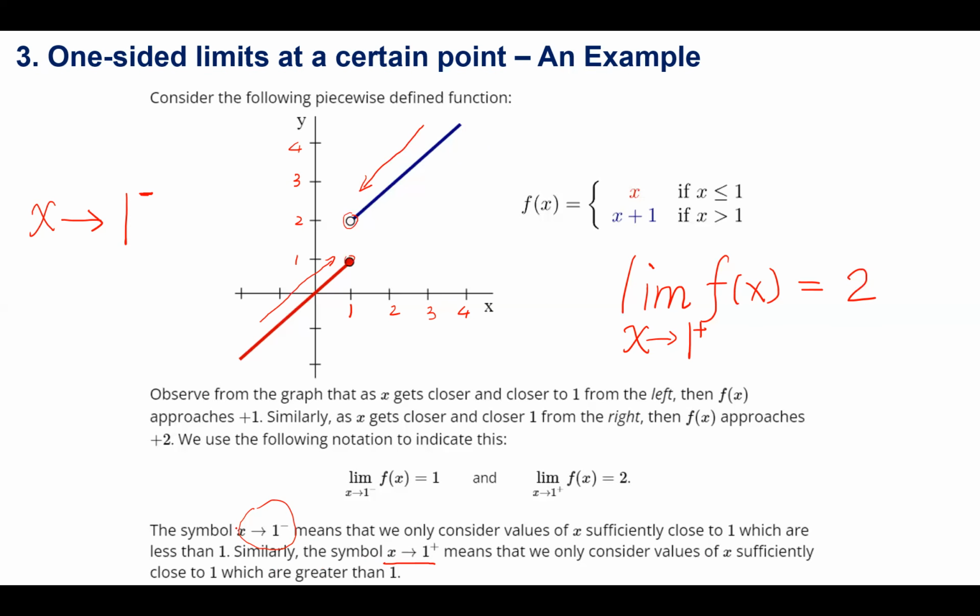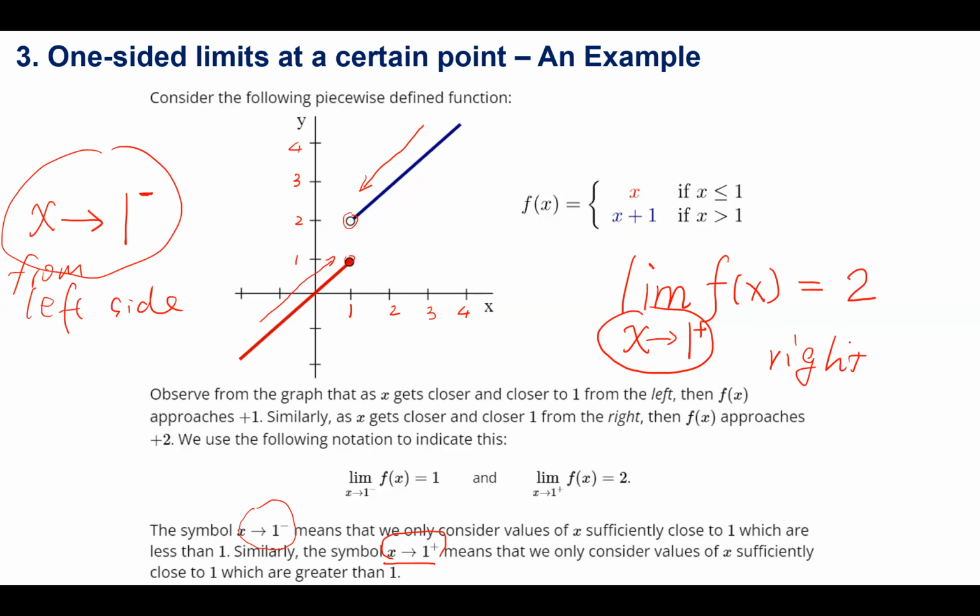So these two notations have different meanings, okay? One of them means x approaches 1 from the left side, and this notation here means x approaches 1 from the right side. Do not confuse them. Any questions?